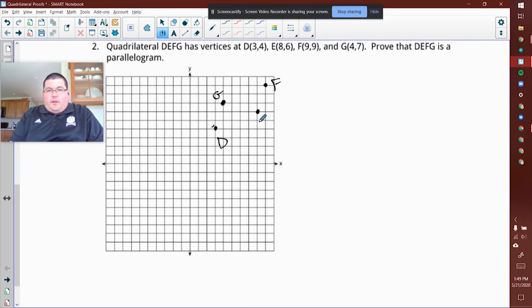Can we prove that this is a parallelogram?